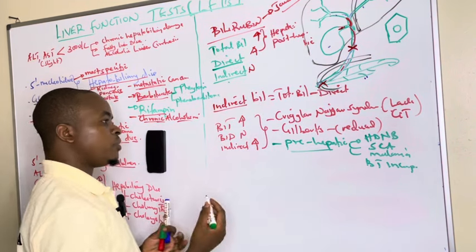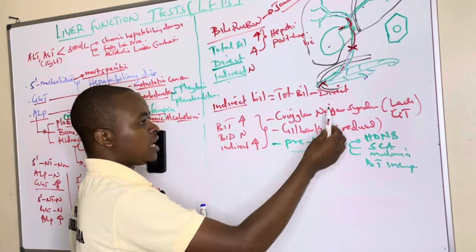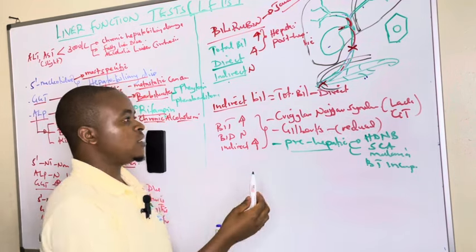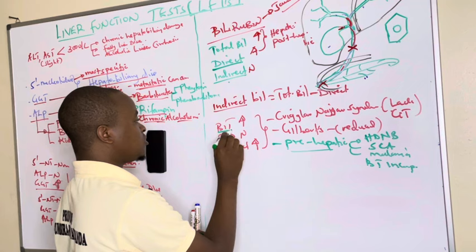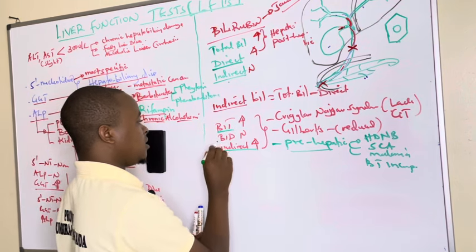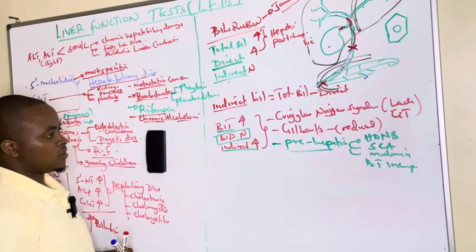And we have also seen prehepatic causes and genetic causes like Crigler-Najjar, which is lack of glucuronosyl transferase to conjugate, and Gilbert's due to reduced levels, which can lead to total bilirubin being high and indirect high, but direct normal.